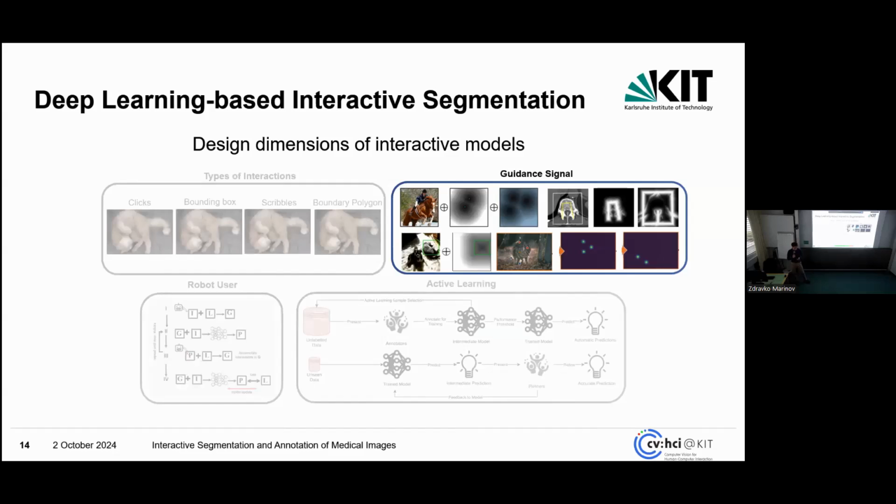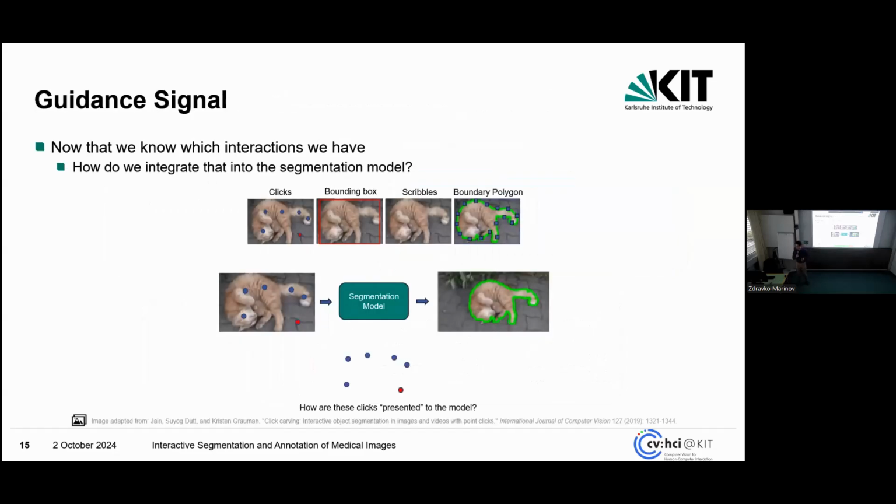Then the next component I want to show is the guidance signal. That's terminology from the interactive segmentation domain, so you first have to define it. The idea is that once you choose the type of interaction you're going to use with the model, you have to think about how you're going to implement that into the model, how you're going to provide information to the segmentation model. So let's say we get clicks for our segmentation. How do we present that to the model?